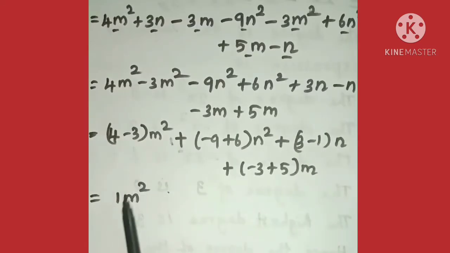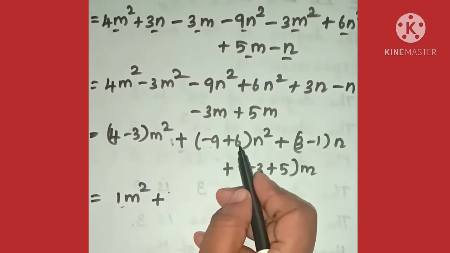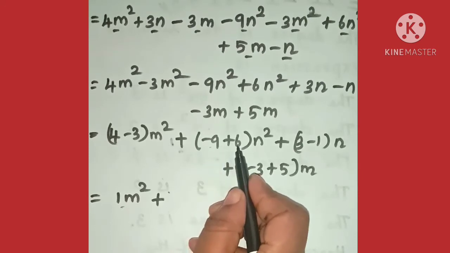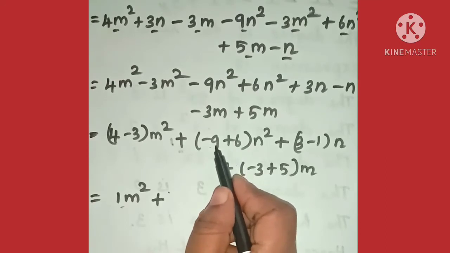Students, 4 minus 3 is 1m square, plus minus 9 plus 6, that is, we have to take the difference and put the sign of the larger one.